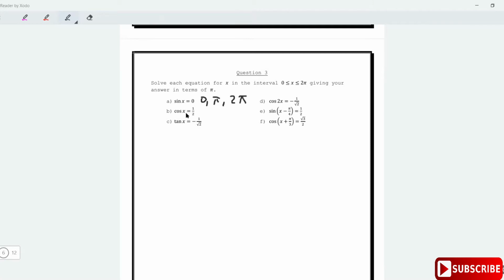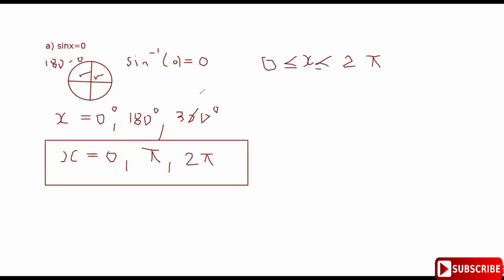Let's look at the next question. Solve cosine of x equal to a half. This is part B. We're solving the cosine of x equal to a half. You can write half as 0.5.